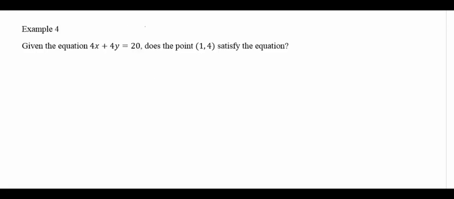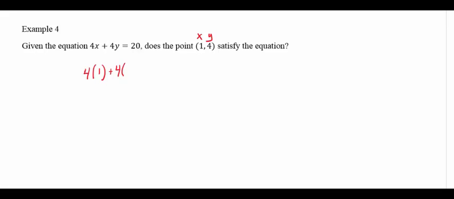You could simply look at this question and say, well, I have an ordered pair. We would like to know, is that ordered pair going to satisfy this equation? Meaning, does that equation, if I graph it, pass through 1 comma 4? Does 1 comma 4 make this a true statement when I substitute it in? Let's just substitute in and see. What we would have here, 4 times x is 4 times 1.